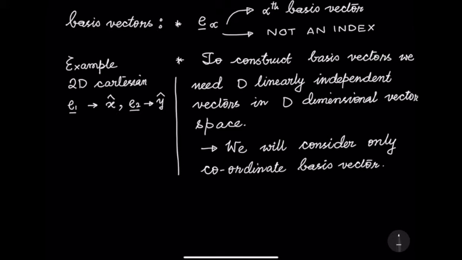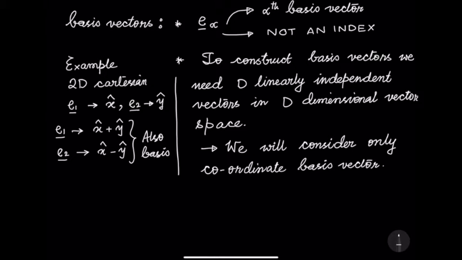On the other hand, I can as well choose E1 as, say, x plus y and E2 as x minus y. And you can show that these are linearly independent. They also serve as basis vectors, but they are not coordinate basis.